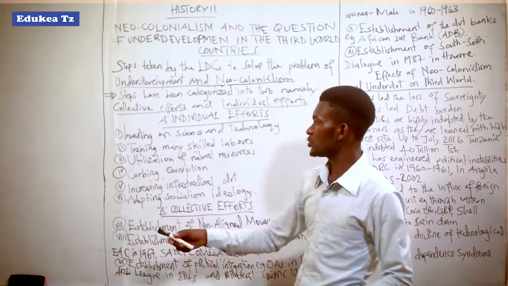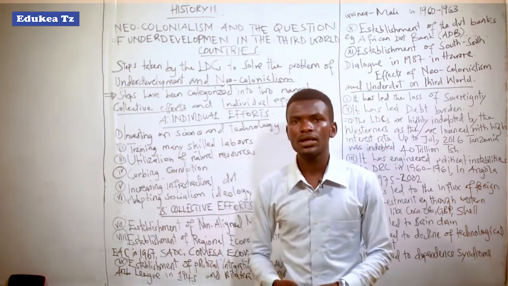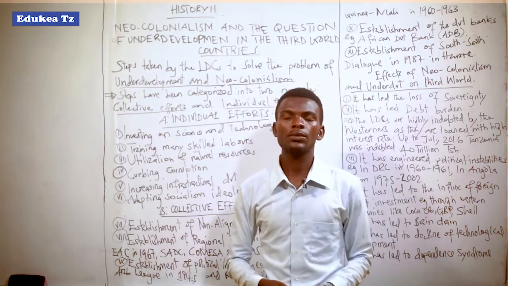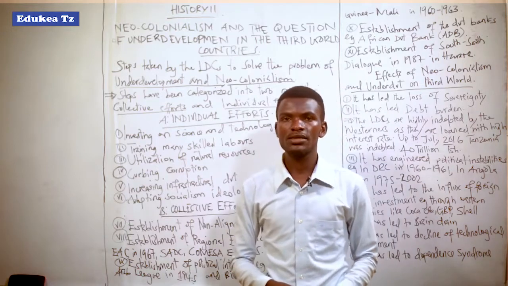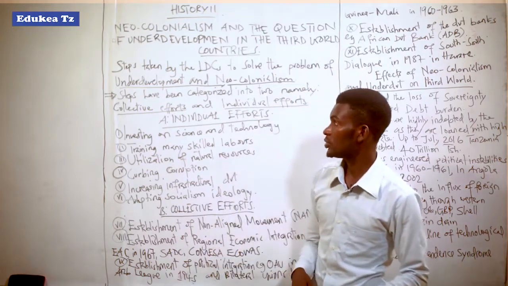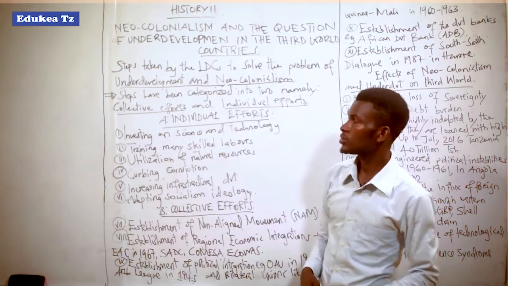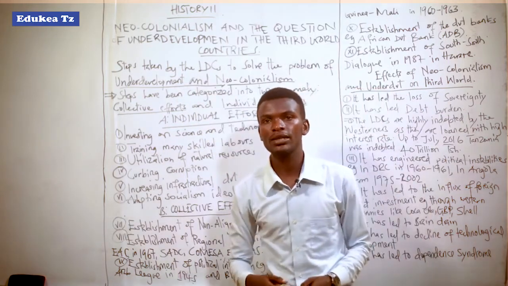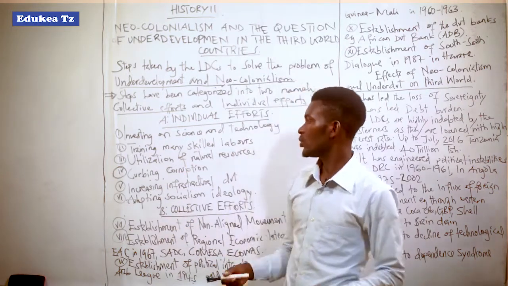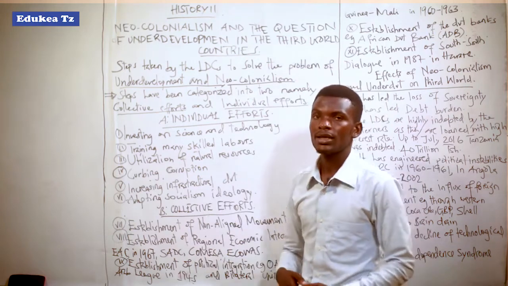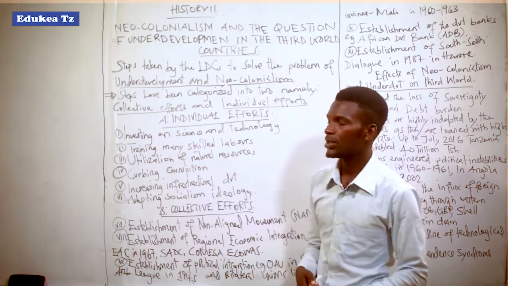Another step was utilization of natural resources. After the attainment of independence, most of the less developed countries were not utilizing their natural resources. But soon, after suffering from those two problems, colonialism and underdevelopment, they came to know that we have to utilize the available natural resources in the production of various goods.